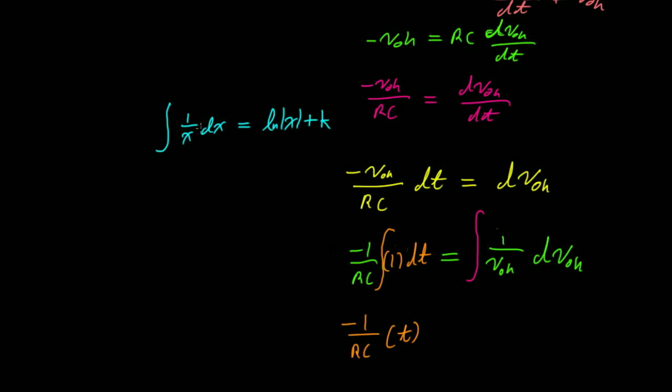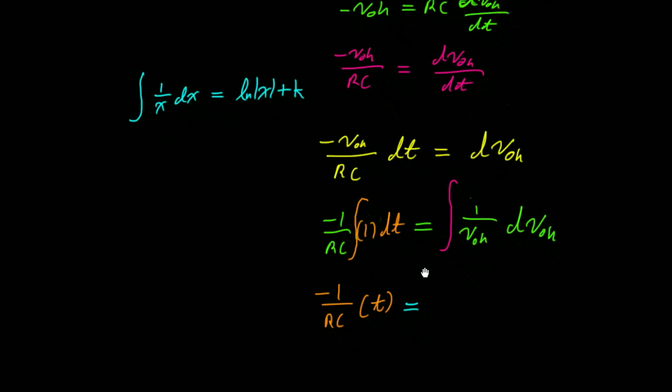We've got the same thing here, except instead of x, we've got VOH. So the integral is the natural log of the absolute value of VOH plus some constant. We don't know what the constant is. It's just some arbitrary constant that we're going to have to solve for later.